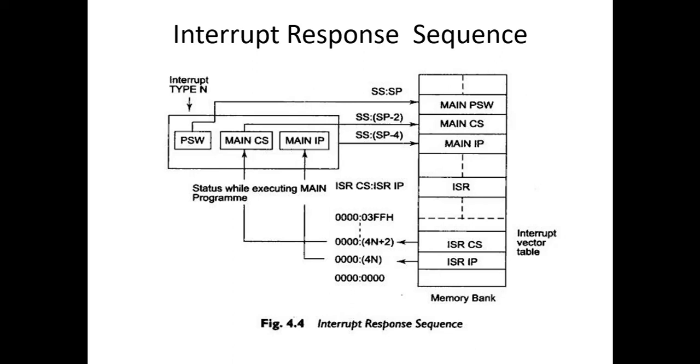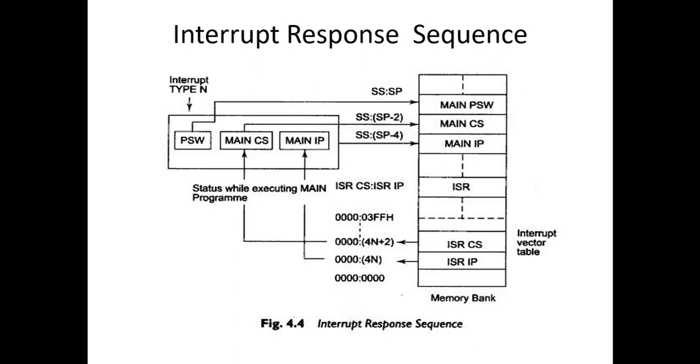Then the content of IP and CS, which point to the address of the next instruction of the main program from which the execution is to be continued after executing the ISR, along with the PSW, are pushed to the stack. Then the interrupt flag is cleared, and the control is transferred to the interrupt service routine for serving the interrupting device.